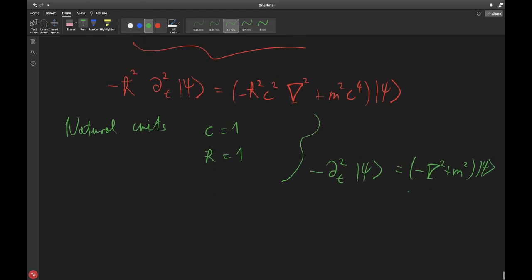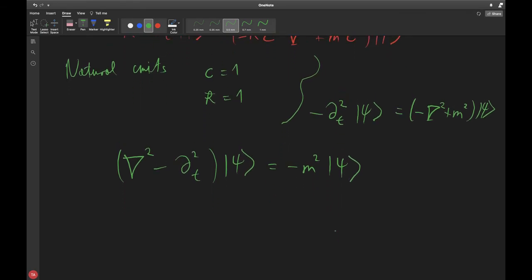We can rearrange this a bit and say that we have nabla squared minus the time derivative squared acting on the psi state gives us minus m squared times the psi state. And if you check out one of the math background in physics videos, then you realize that this is actually what we call the D'Alembert operator and denoted with the box.